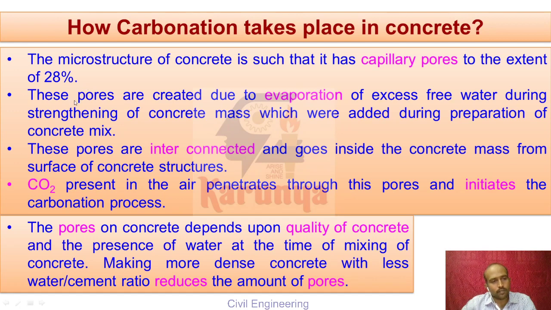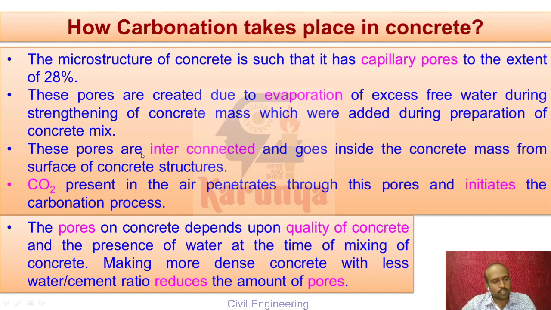These voids attract the carbon dioxide or the moisture or humidity present in the air. That initiates the carbonation process. Because of this carbonation process, the alkalinity of the concrete is reduced and the passivating layer of the reinforcement is also destroyed.